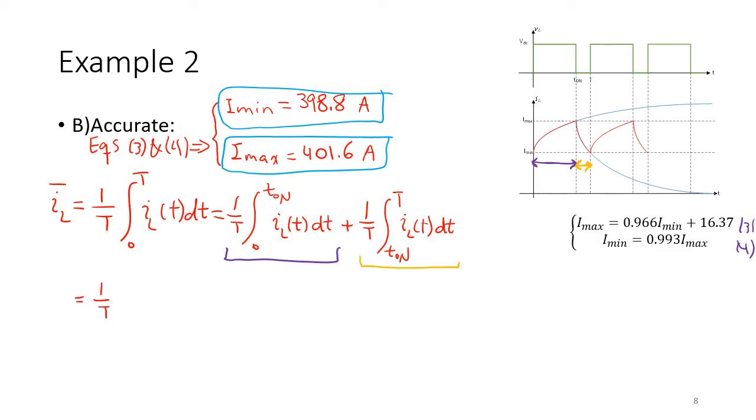So it equals 1 over T. In this period, we use equation 1. So from 0 to T on, we use equation 1, which was 480 plus. Now we have calculated the I min, so we can replace it in this equation. Minus 480 e to the minus t over tau dt.